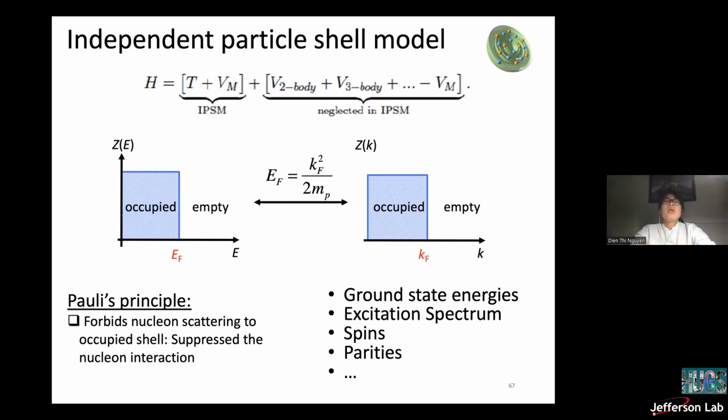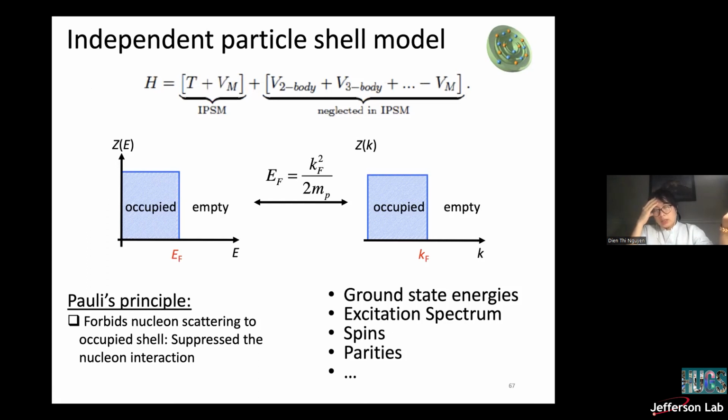What helps this shell model work is the Pauli principle, because it forbids nucleons from scattering into the occupied shells. If a shell is already occupied, another nucleon cannot go there.